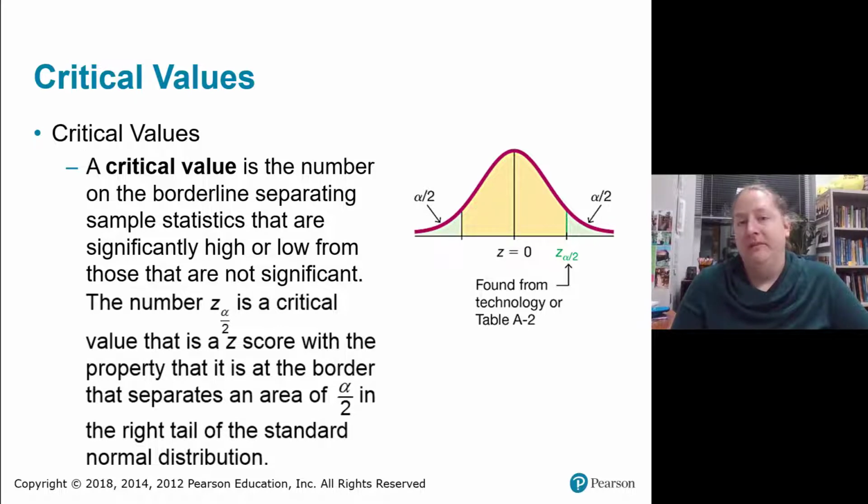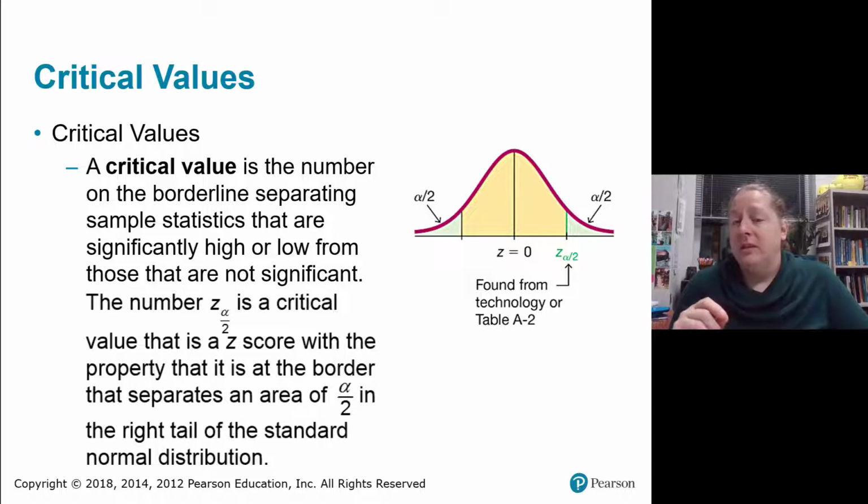So now let's talk about finding critical values. We've talked about critical values for a very long time in this course. A critical value is the number on the borderline separating sample statistics that are significantly high or low from those that are not significant. And this is where alpha comes in.